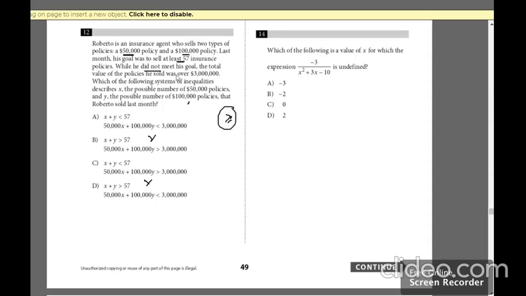The total policies he sold was over 3 lakh, meaning greater than. So just check where it is greater than, and that itself would be our answer. Easily you can guess, because as these two options go, because the at least cases were not there, definitely our answer will be 3 lakhs. You don't have to go into the detail.